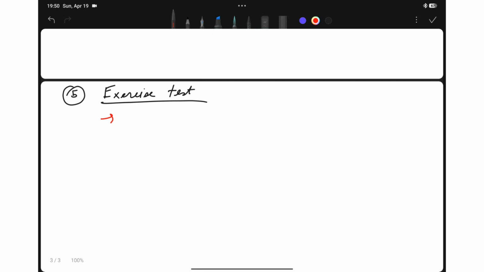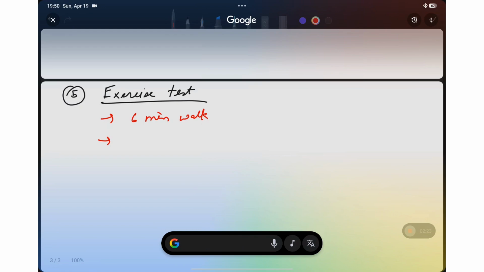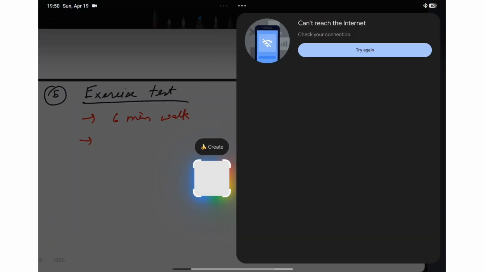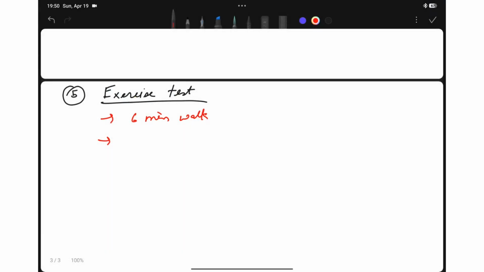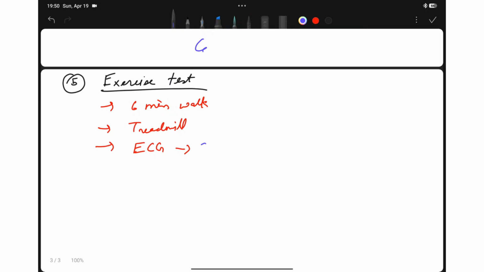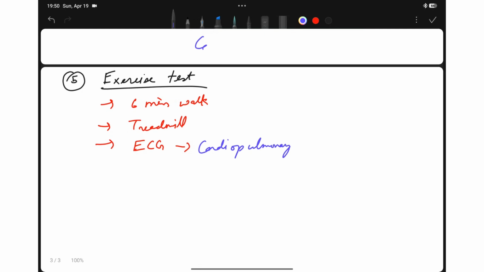We tell a patient to go for a 6-minute walk, or we tell him to run on a treadmill, or we can also place an ECG to know about cardiopulmonary problems.